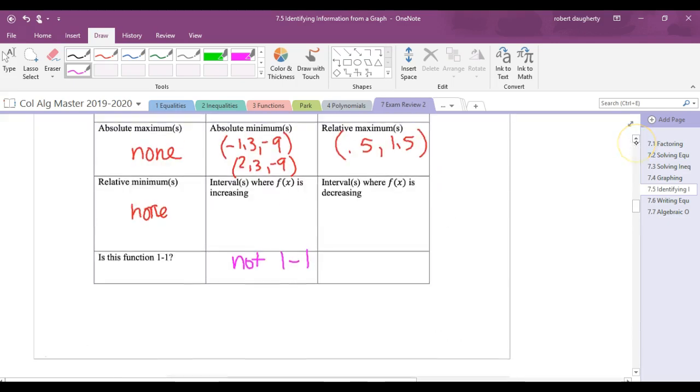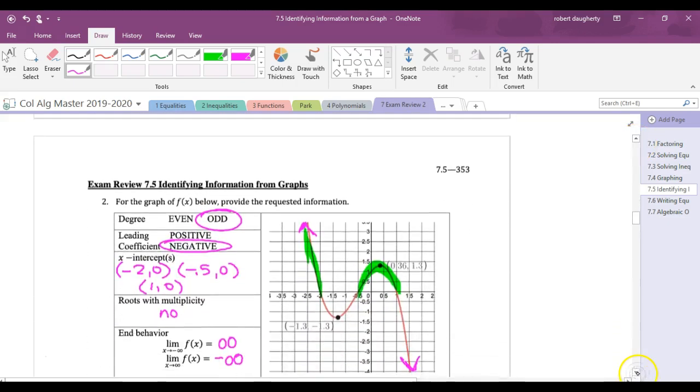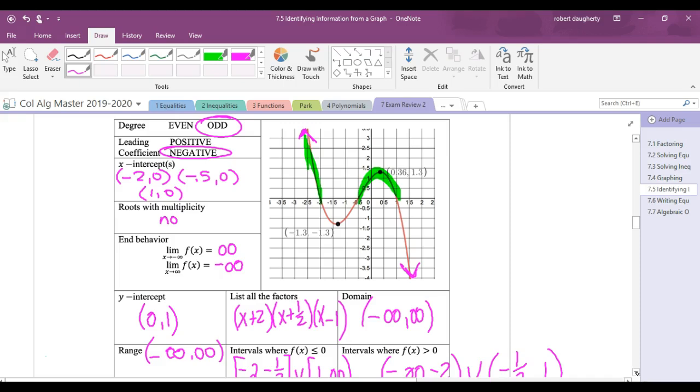So let's come back up here and let me look at that over to the side. So intervals of increase or decrease. As I travel from left to right, it is decreasing to there and is decreasing here. Those are two intervals.